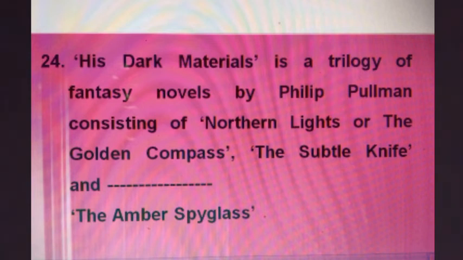Answer: The Amber Spyglass. The first one is Northern Lights, also titled The Golden Compass. The second one is The Subtle Knife. And the third one is The Amber Spyglass.